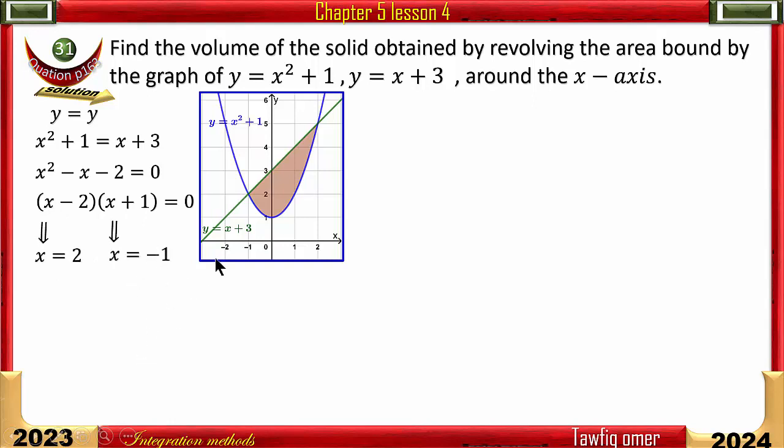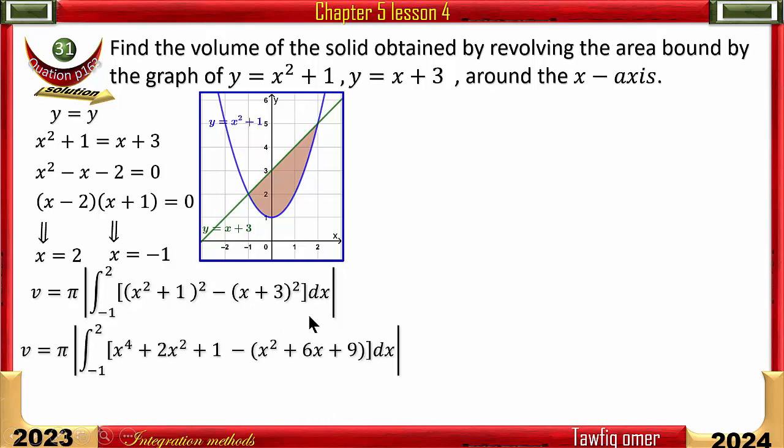Then the volume is equal to pi integration from minus 1 to 2 of x squared plus 1 squared minus x plus 3 squared.